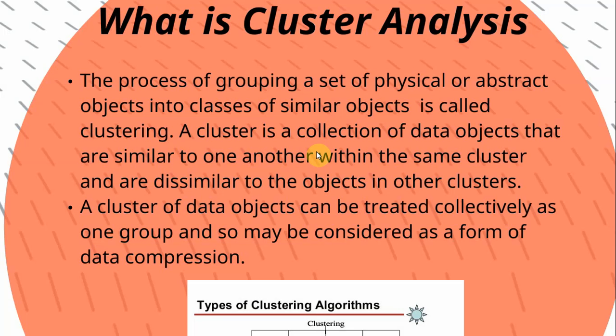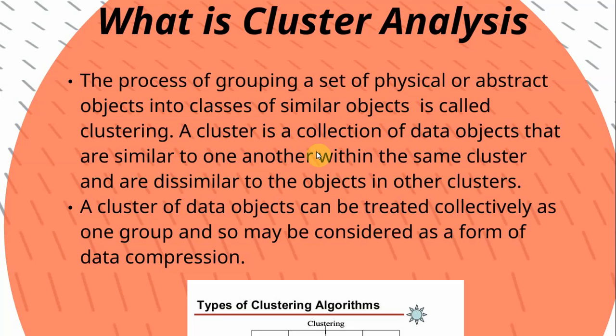We keep similar objects in one group, and another type of objects which are similar to each other in another group, and then naming these groups is clustering. So a cluster is just a collection of objects which are similar to one another within the cluster and different from the objects in another cluster.